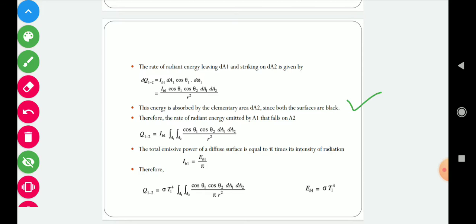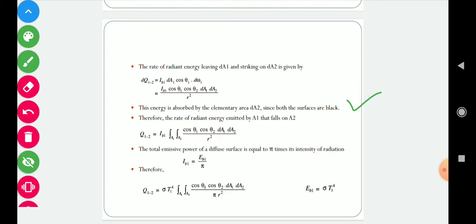Now this is the amount of energy which strikes area dA2, meaning only that small control area. But A2 is the total surface area of the object, and dA2 is the surface area of that control element only.